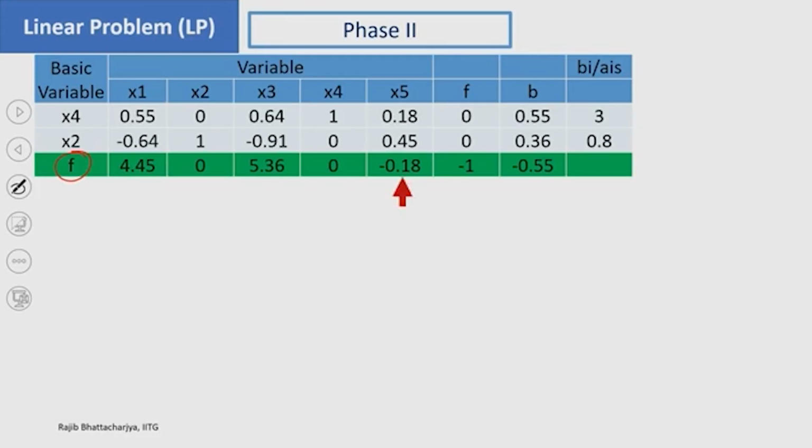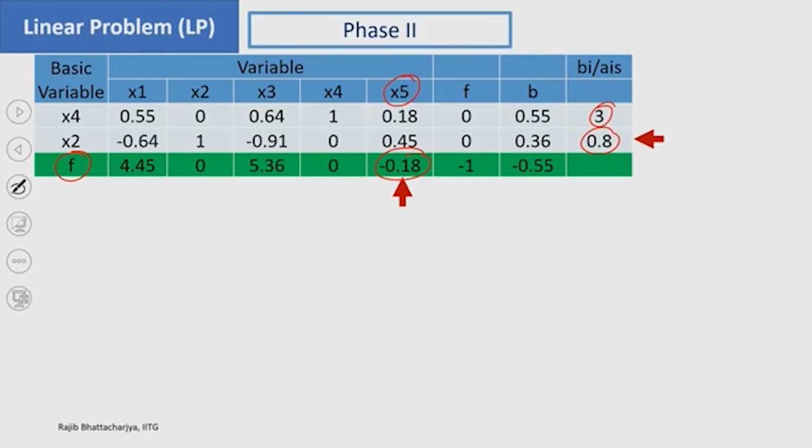Yes, for x 5 the C j is minus 0.18, so x 5 will be the incoming variable and will enter the basis. Now you calculate the ratios: here it is 0.08 and here it is 3.